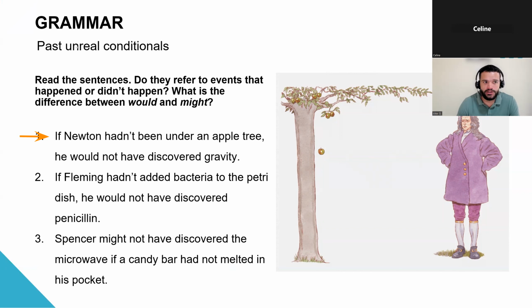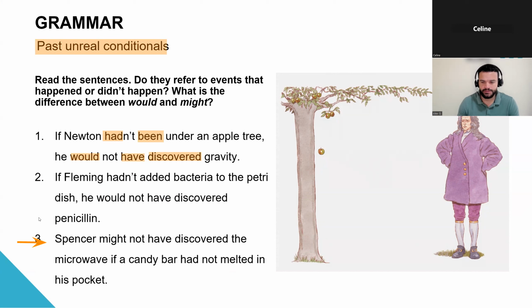Okay, so for unreal conditionals in the past, we're going to use the past perfect. So had plus been, and then we're going to use would plus have plus the past participle, okay? Here we have another example that says, if Fleming hadn't added bacteria to the Petri dish, he wouldn't have discovered penicillin. So again, had added, would have discovered.